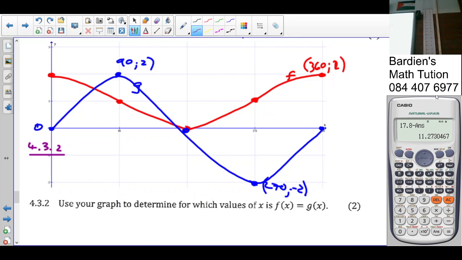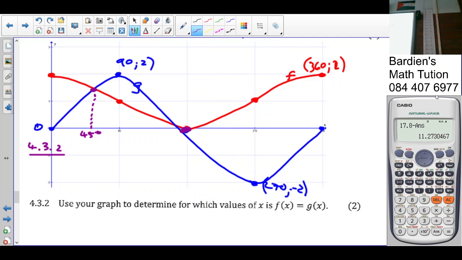So we have two graphs equal to each other when they overlap, when they intersect. Not so? So they're overlapping here. Which looks like it's at which point here? Midway, so it's 45 degrees. Where else are they equal?